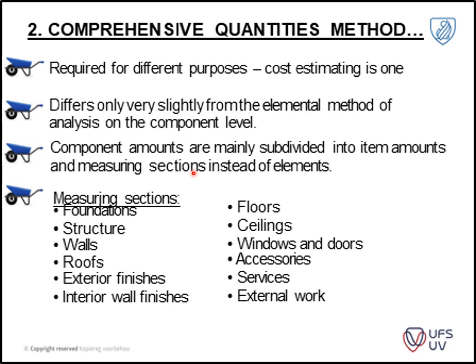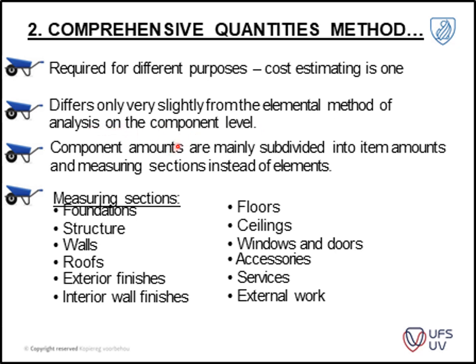So it is basically working with preliminary information to start producing your BOQ that you're going to use to go out on tender with. It's required for different purposes. It's for cost estimation, for one, and differs only very slightly from the elemental method of analysis on the component level.